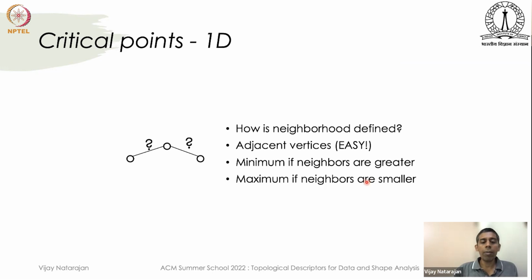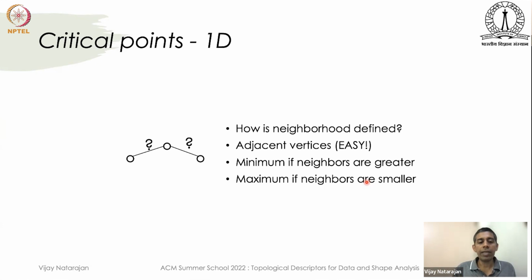Let me just talk about what is a key idea. Right? So remember, we talked about stability and the Morse lemma in order to classify critical points. Essentially, we want to look at the neighborhood of a point and be able to determine whether the function in the neighborhood is lower or greater than me, right?